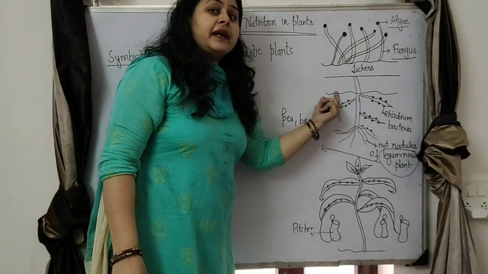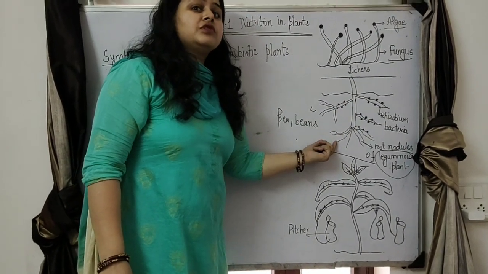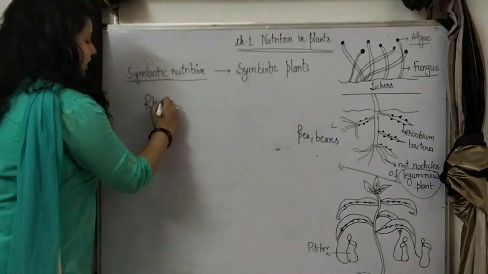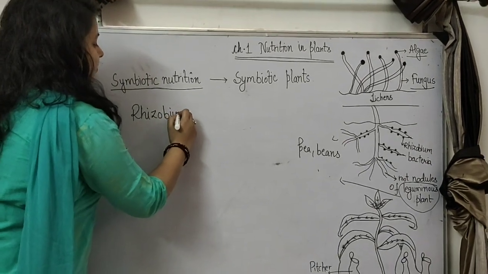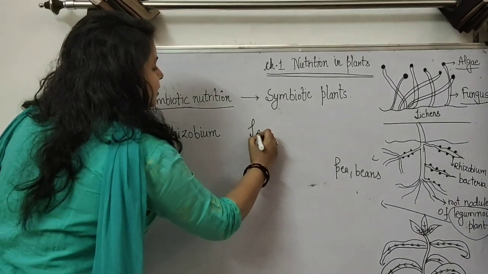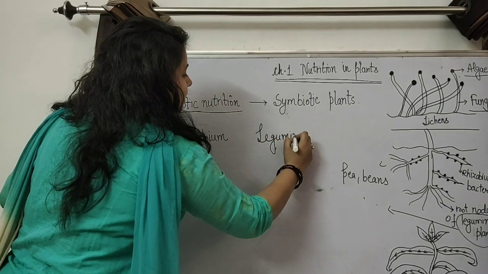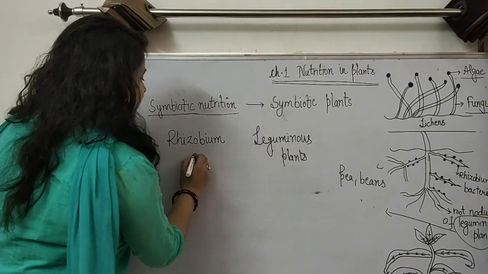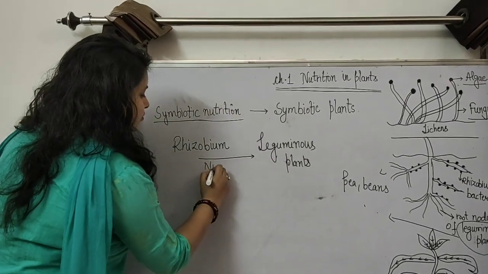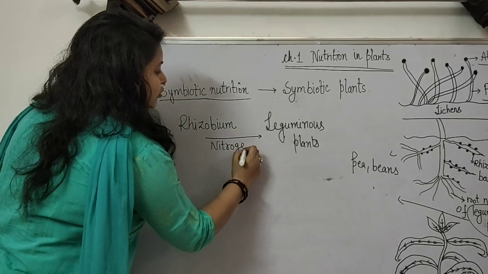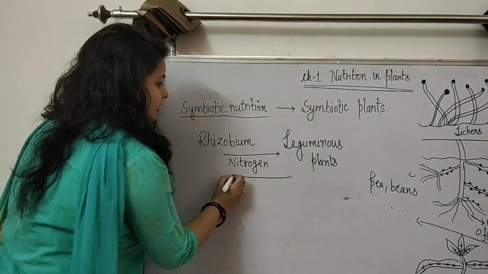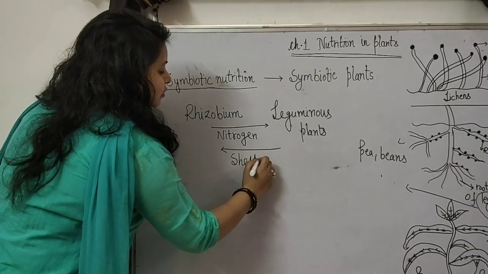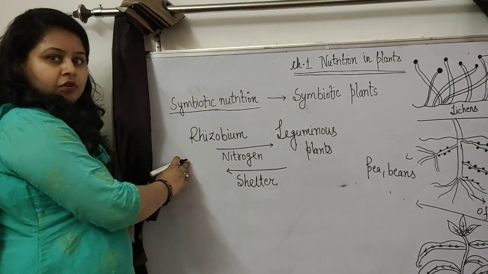Shelter to the rhizobium bacteria as it lives in the roots of the leguminous plants. So, I write, one we are having rhizobium bacteria, second we are having leguminous plants. Rhizobium bacteria provides nitrogen to the leguminous plants, and in return leguminous plants provide shelter to the rhizobium bacteria. Okay.